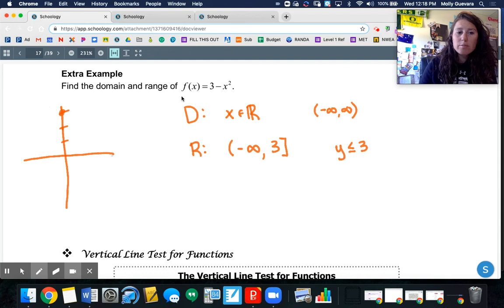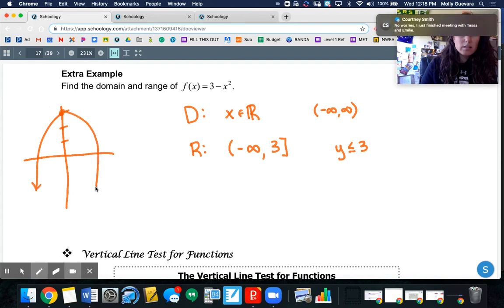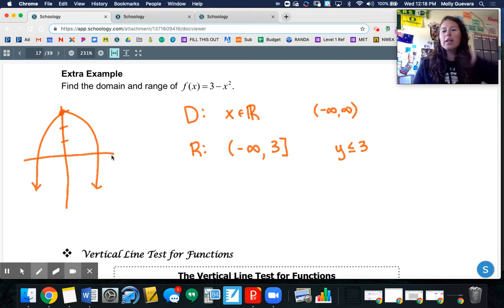So there's my vertex. And then the negative tells me it opens down. So it's doing something like this. So here, looking at the range, I can clearly see that it goes down to negative infinity and goes up to 3. This is 3. So lots of different ways you could have thought about it.